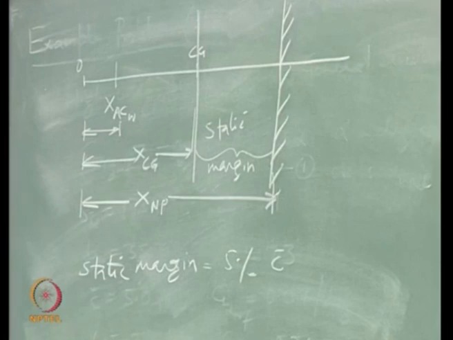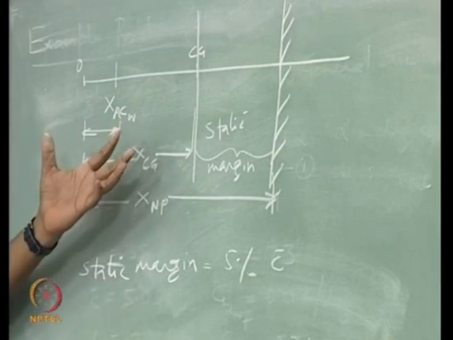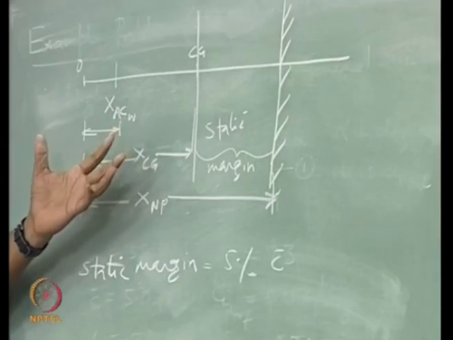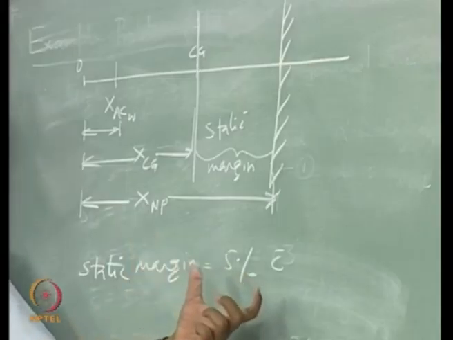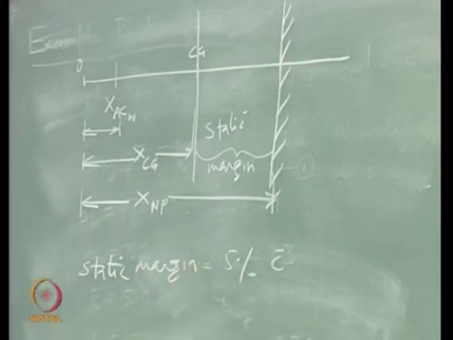So when you are designing your aircraft, you should have a static margin which is 5% of C bar, right. So we will stop at this point.